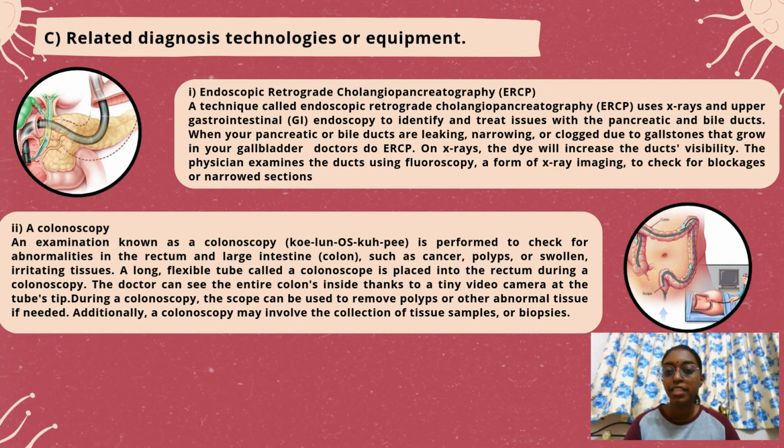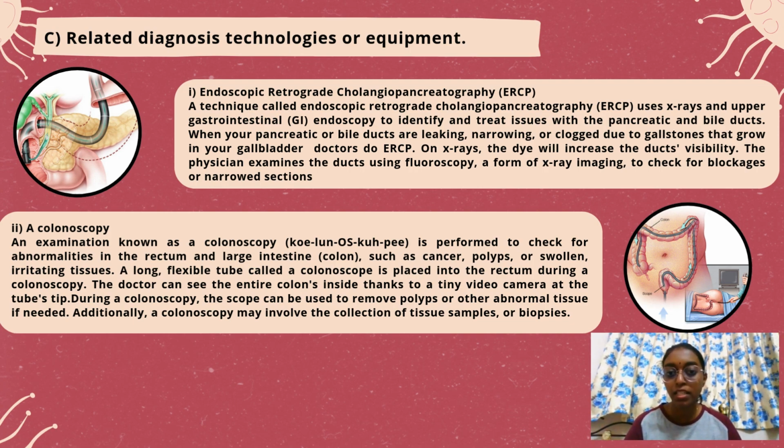C. Related diagnosis technologies or equipment. Endoscopic retrograde cholangiopancreatography (ERCP). A technique called ERCP uses X-rays and upper gastrointestinal (GI) endoscopy to identify and treat issues with the pancreatic and bile ducts.